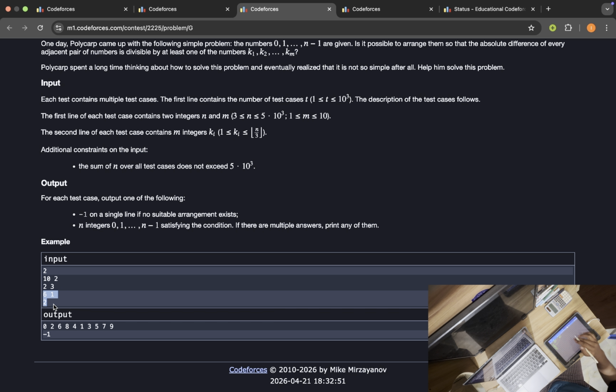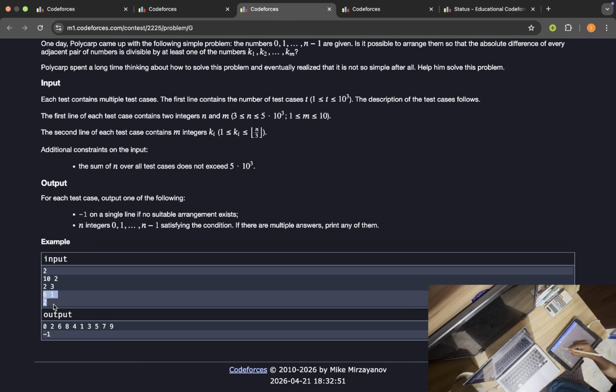Values 2. Case 2, so 0, 1, 2, 3, 4, 5, 6. Okay, 0 can reach 2. 2 can reach 4. 4 can reach 6.